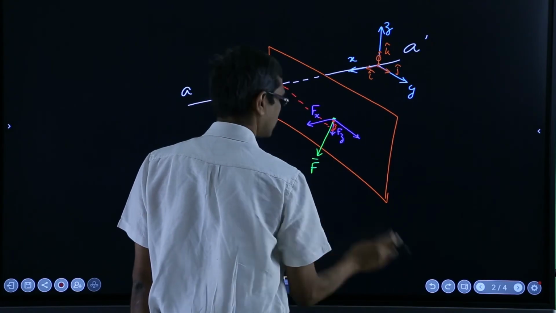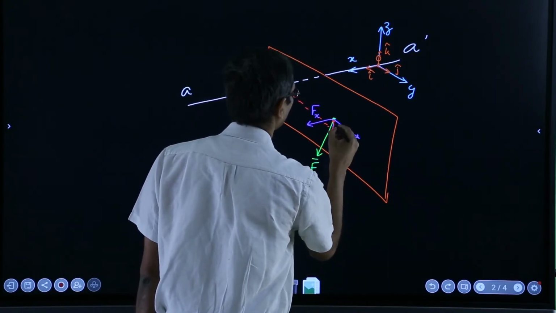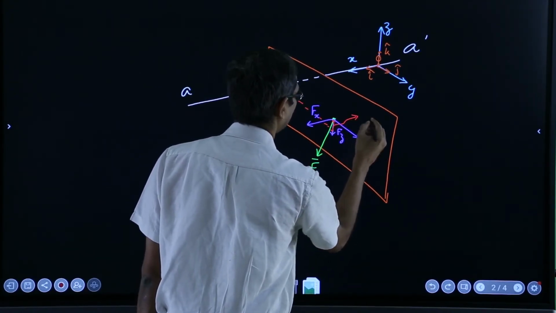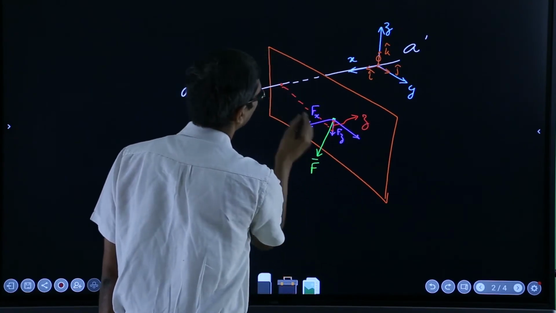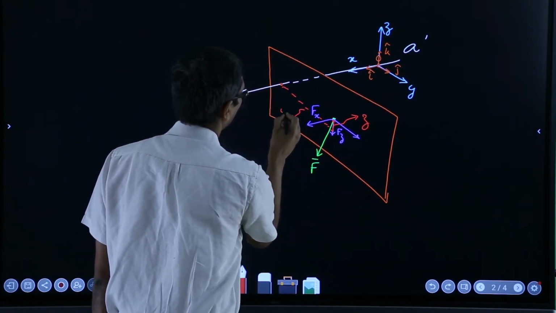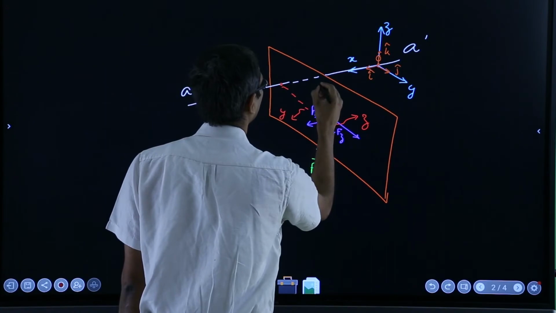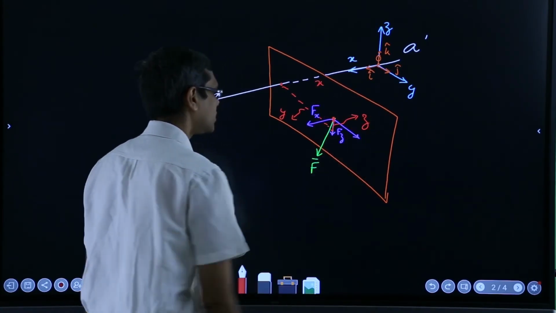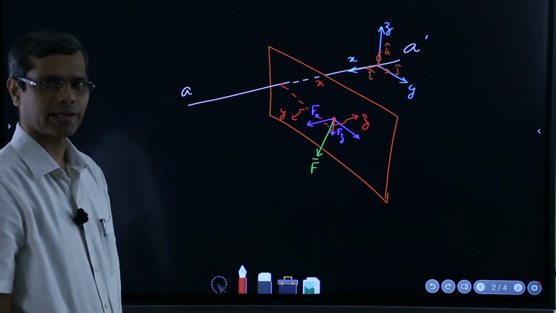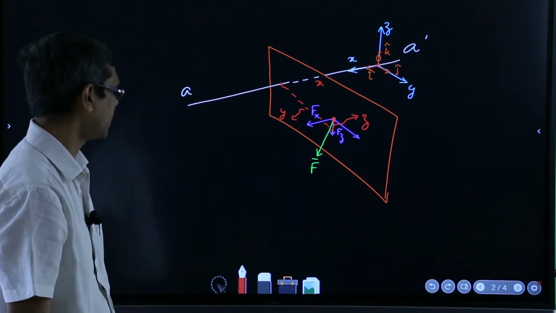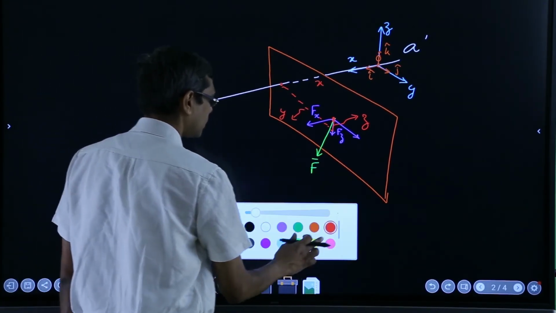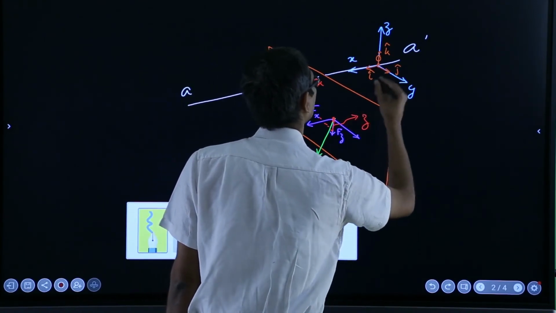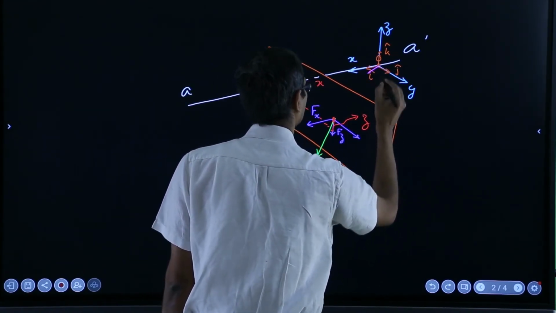So this is the z coordinate, this is the y coordinate, and this is the x coordinate of this point at which the force F is acting.